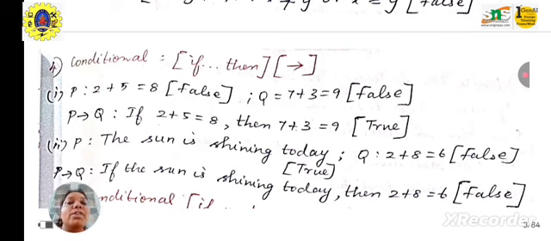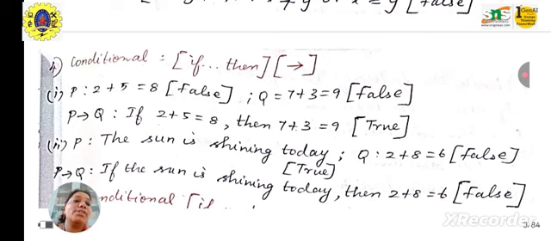Then the second example. P: the sun is shining today. We consider that a true statement. Then Q: 2 plus 8 equals 6. We know 2 plus 8 is 10, but here they are giving 6, so it is a false statement.